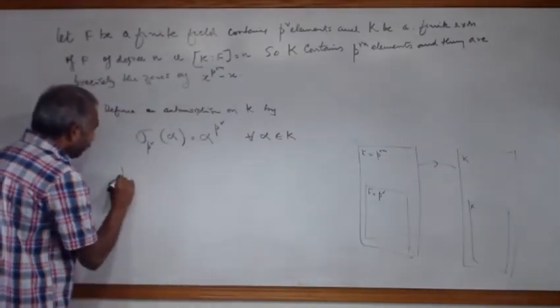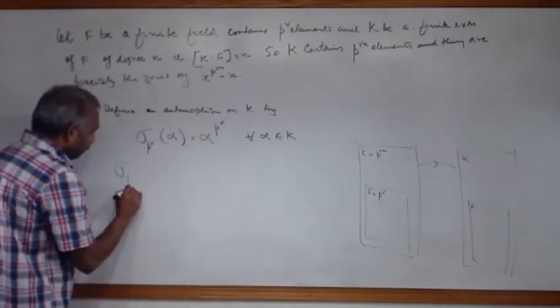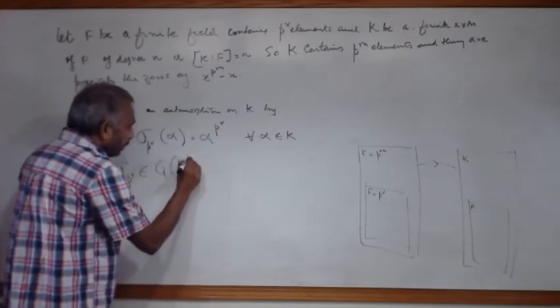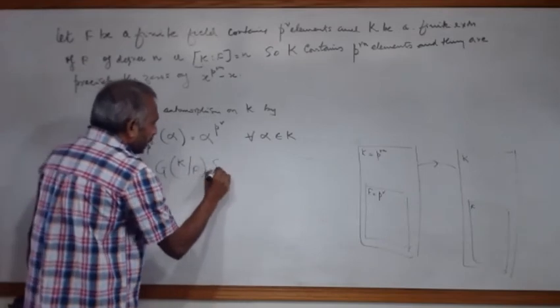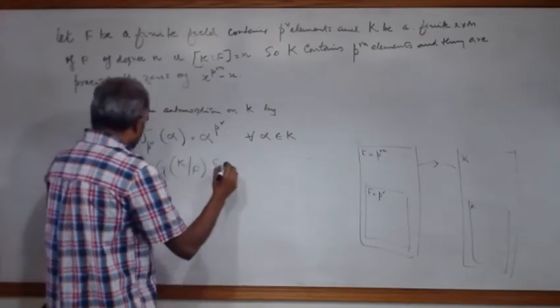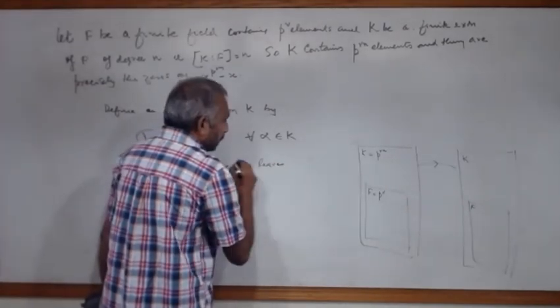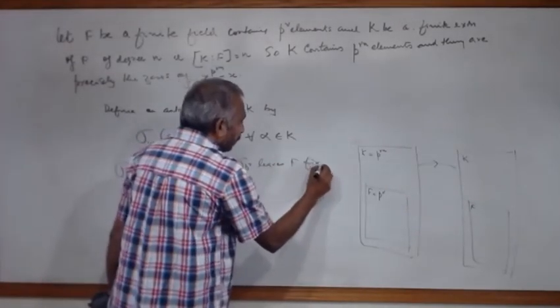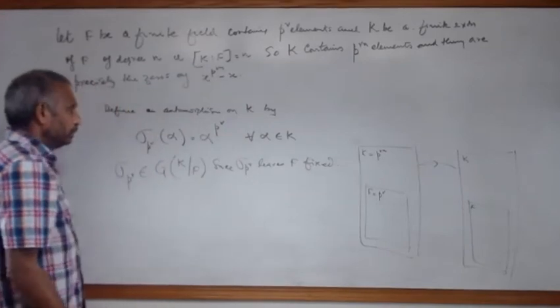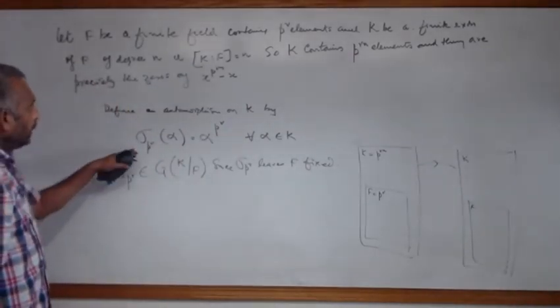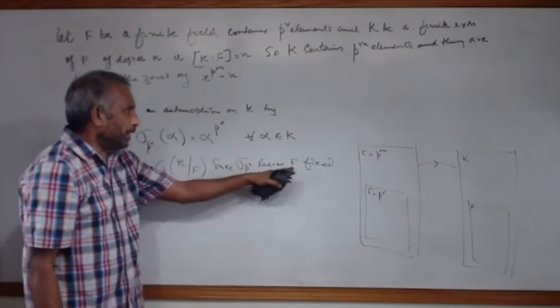So sigma p^r belongs to the Galois group of K over F, since sigma p^r leaves F fixed. It's an automorphism on K and leaves F fixed.